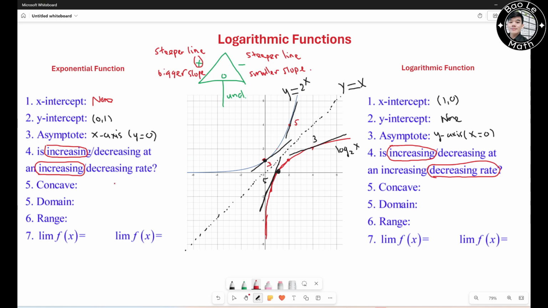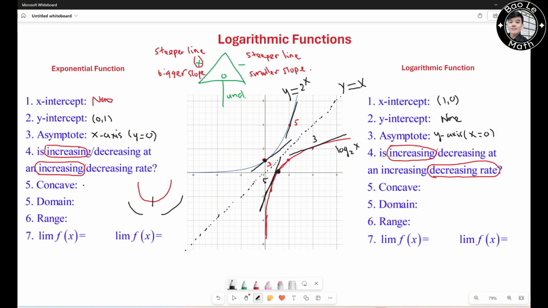Now, concave. If you see the bow like this, if I cut this one in half and I only see half of this one, half of this one, so if you see these cases, the function is concave up. You look at this one, the exponential function is similar to this one.